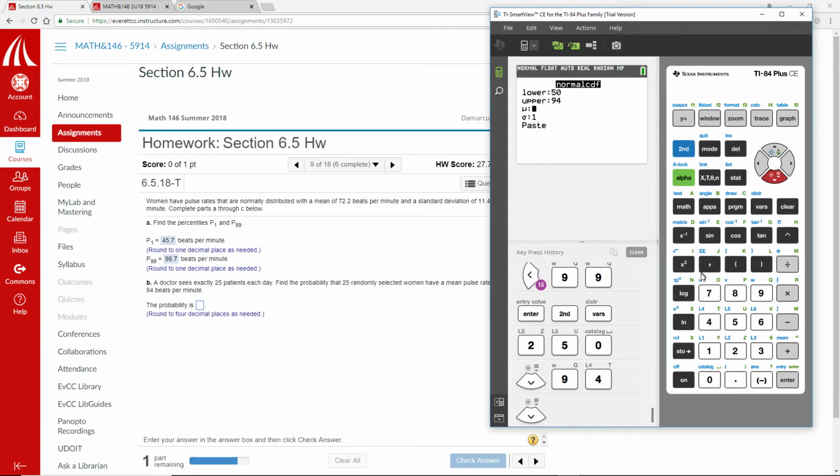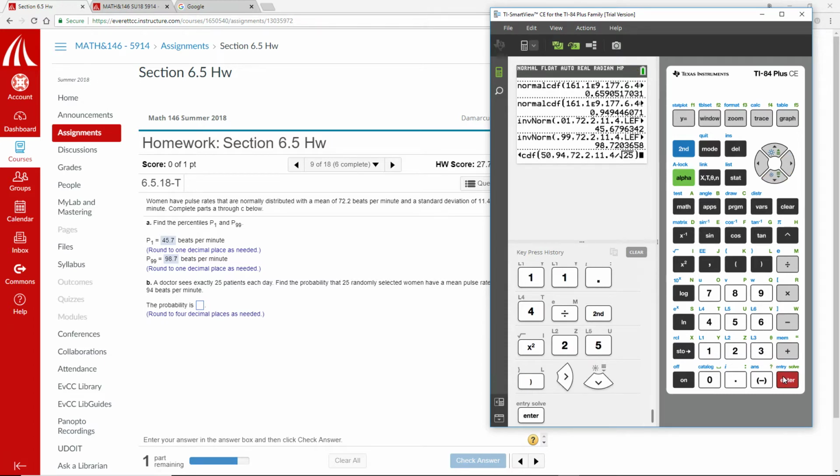The mean is 72.2. And the deviation is actually going to be 11.4 divided by the square root of 25, which is just 5. We're going to paste all this. Hit enter.